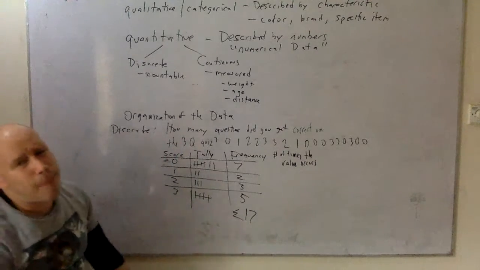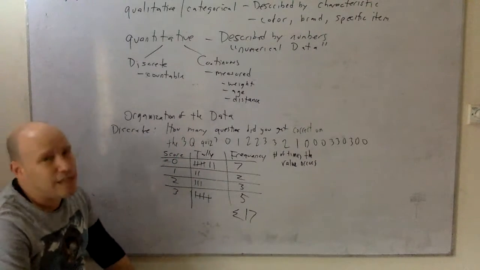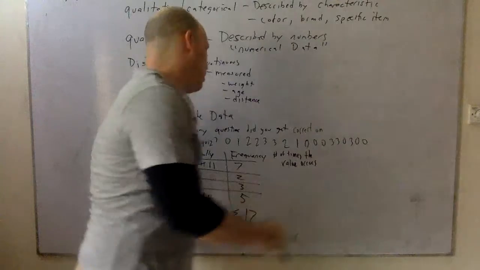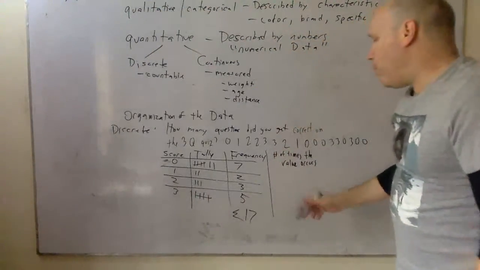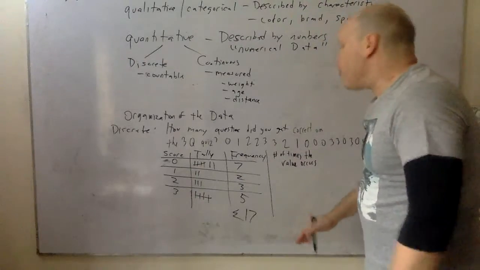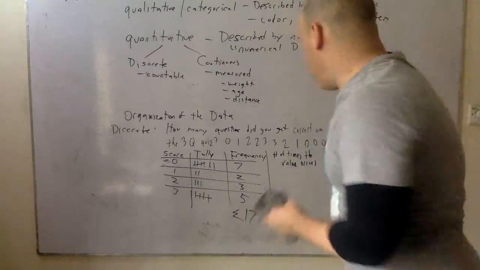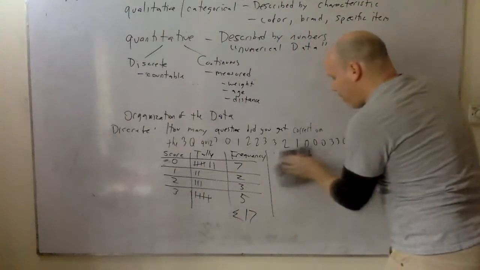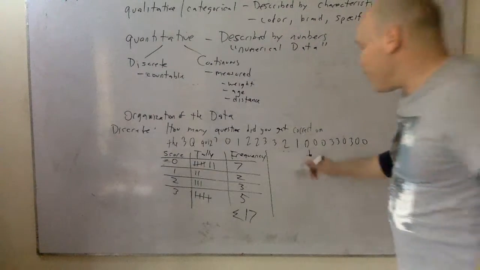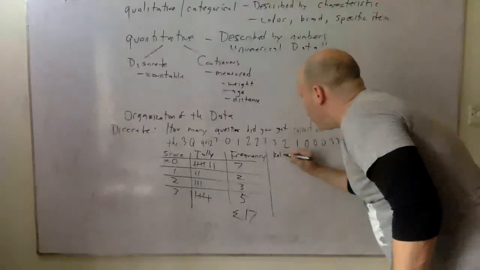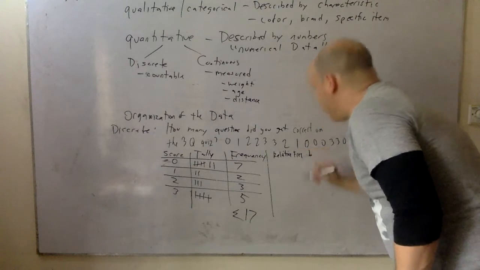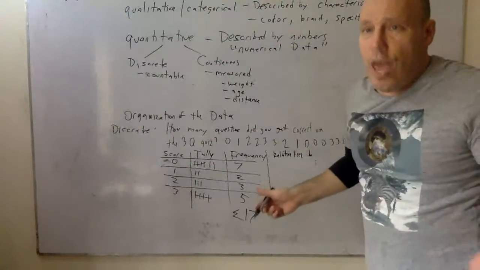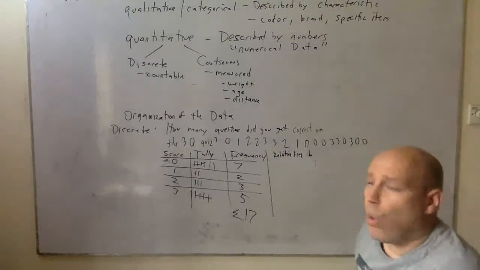Something else that might occur is the relative frequency. The next column may be relative frequency. It's in the book. The relative frequency is the percentage that the data occurs out of the whole.